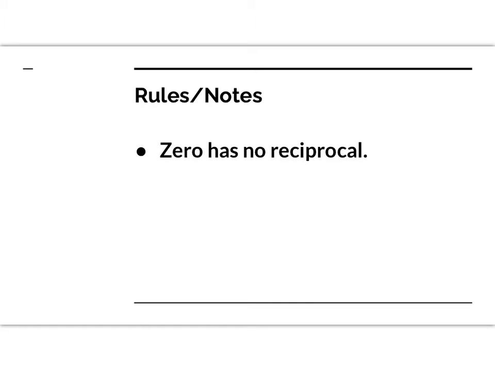The 0 has no reciprocal. Why? If you do 0 over 3 and you invert it, you get 3 divided by 0, and 3 divided by 0 in mathematics is undefined. It doesn't have an answer.